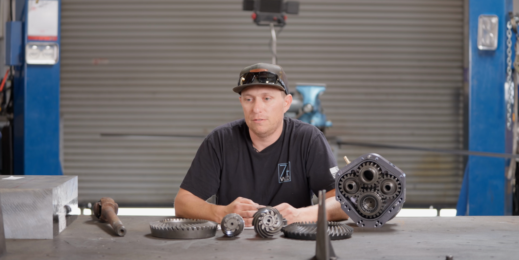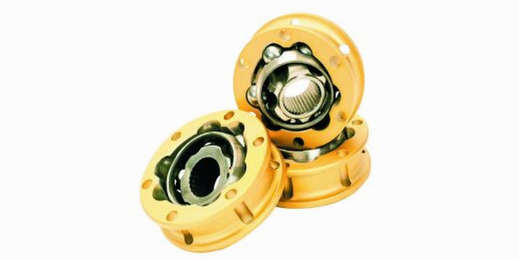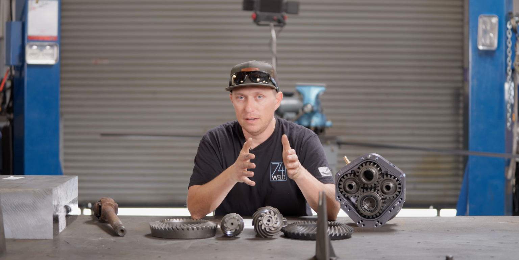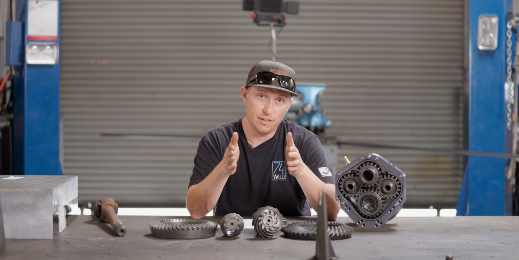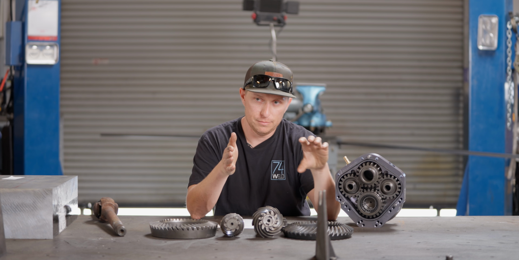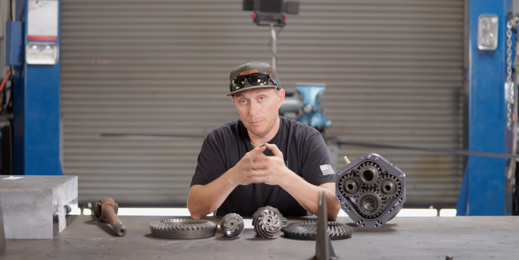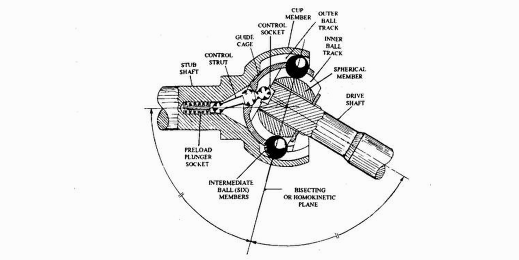You can have a couple of different types, like a Rzeppa, which would be a series of balls. If you've ever looked at an OE drive shaft, it's like a pancake looking joint that's basically sandwiched between a flange and the other side of the drive shaft. Or like an RCV bell, that's similar, where it's a series of balls.